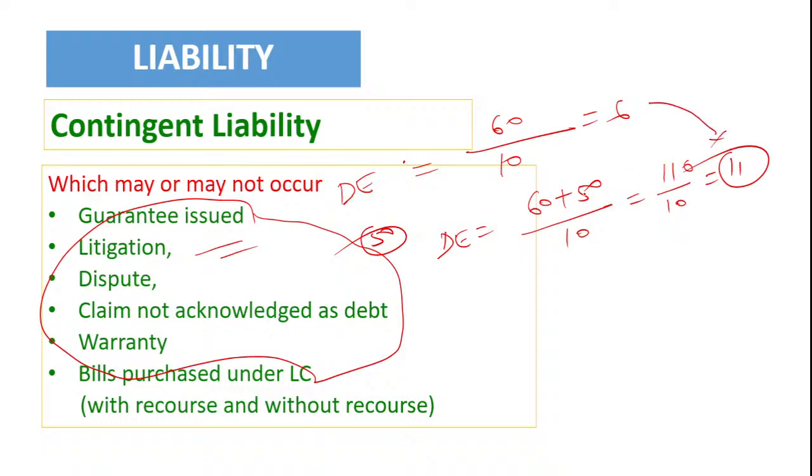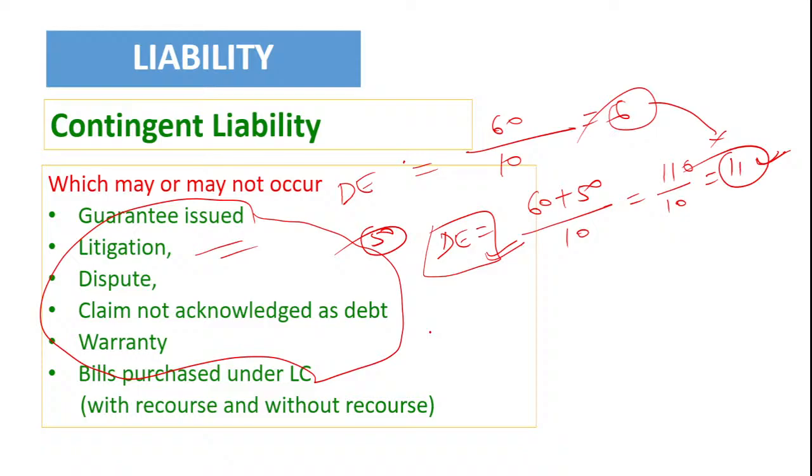So whenever you are assessing the proposal or studying the balance sheet of the company, you also see that if we incorporate any contingent liability as a financial liability, what will be the impact on the D ratio? So the D ratio has jumped to 11 times, 5 times it has jumped. So now the D ratio is 11 instead of 6.